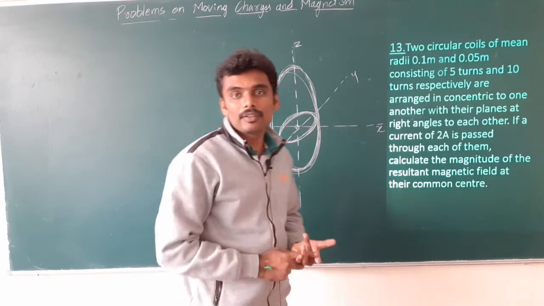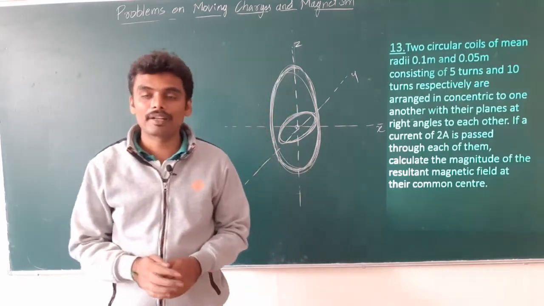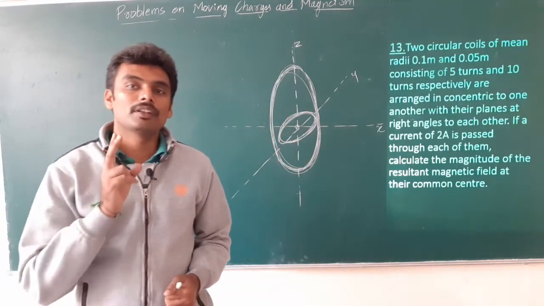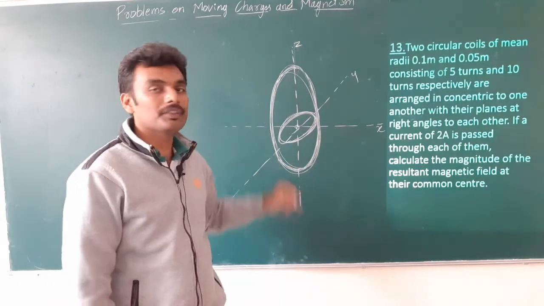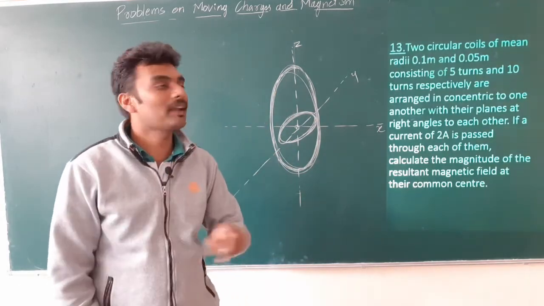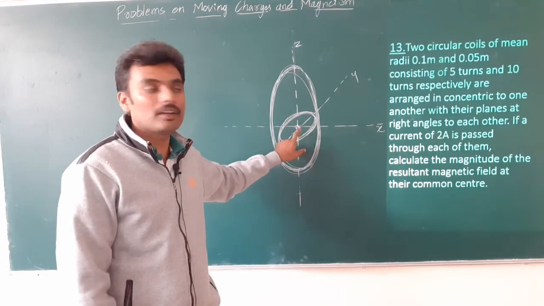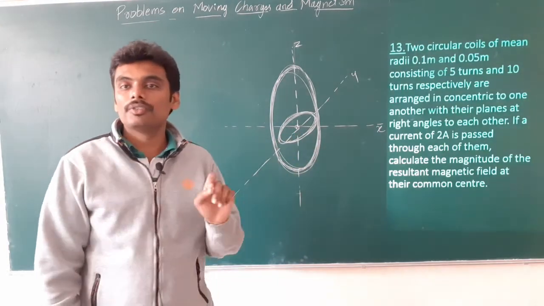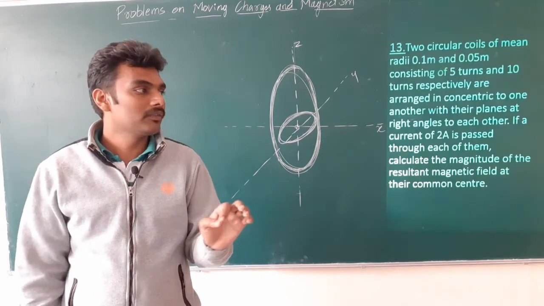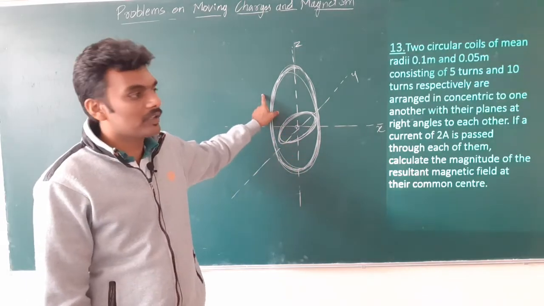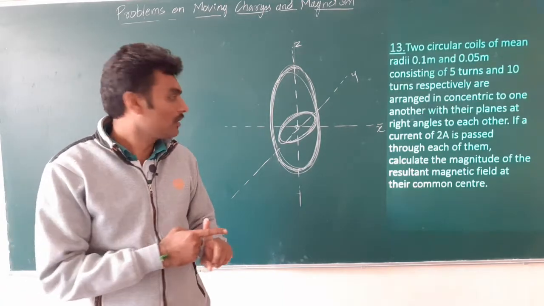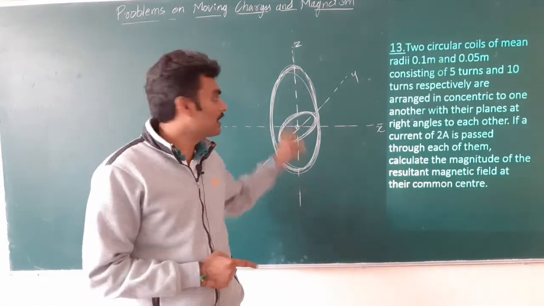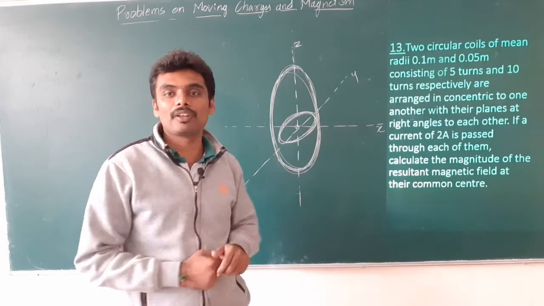So now it's the application of vector addition. See, now we have two sources of magnetic field. One is this coil and the other is this coil. Both of them contribute to the magnetic field at the center. Now we should get the magnitude of the magnetic field from each, and then do the vector addition of those two magnetic fields to get the resultant magnetic field at that point.